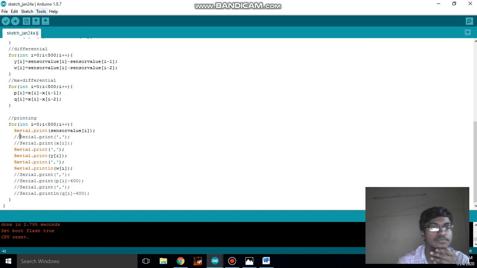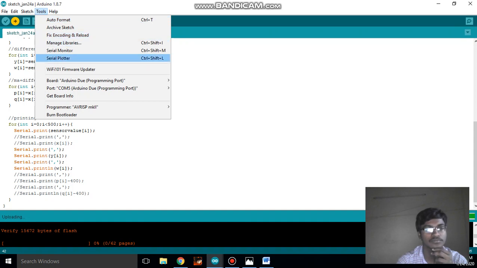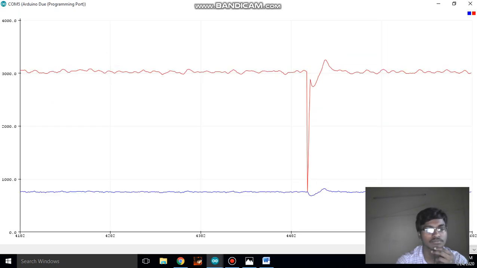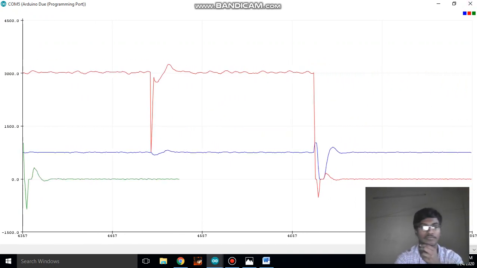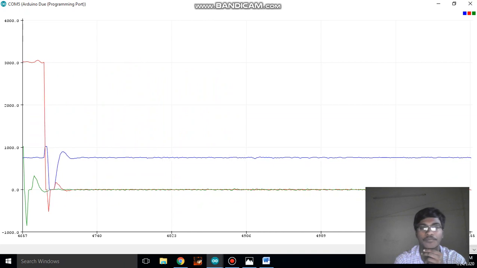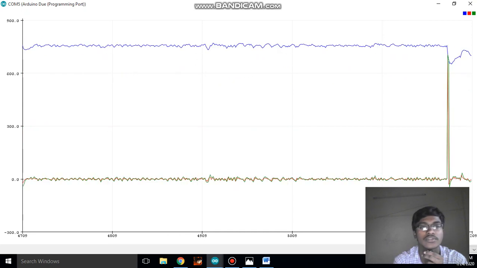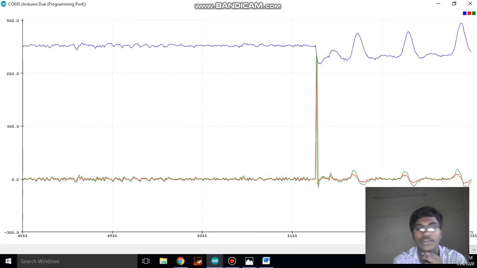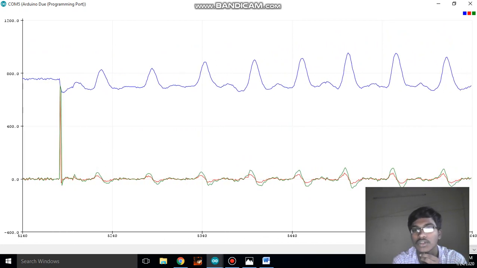So let's upload it again. We can see the blue one is the input, the red one is the first order differential, and the green one is the second order differential.